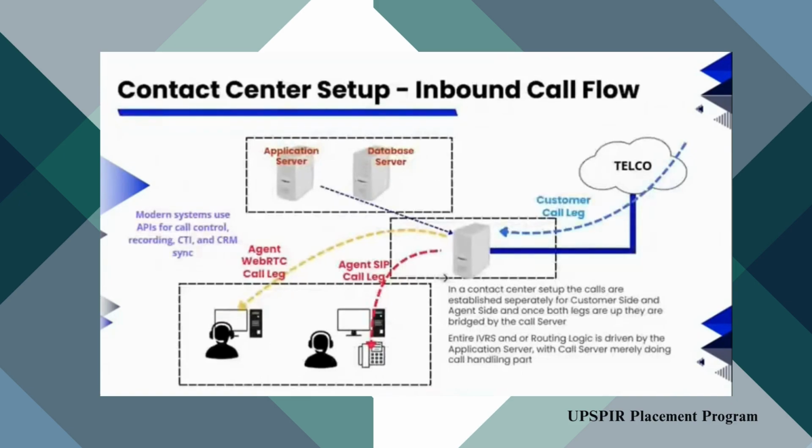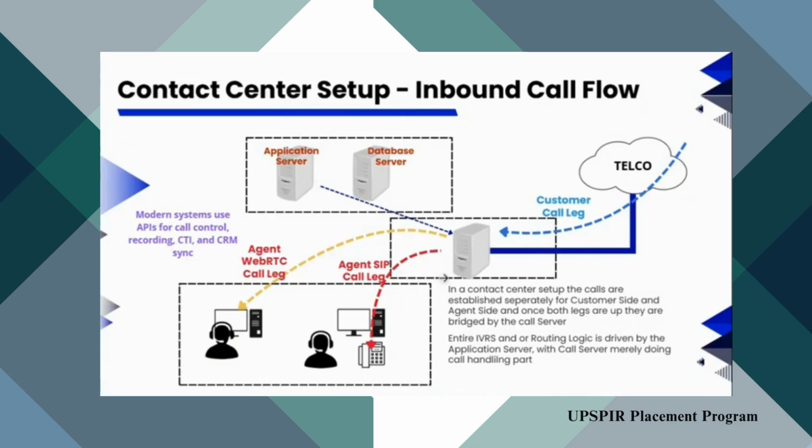So just looking at it from the perspective of a call flow, what is going to happen? From the telco side, in this diagram, you will see I have not represented anything after the telco. What we are saying is, yes, a call is coming. We don't know how that call is coming to our call server. We are only bothered that a call is coming. Our call server will receive that call.